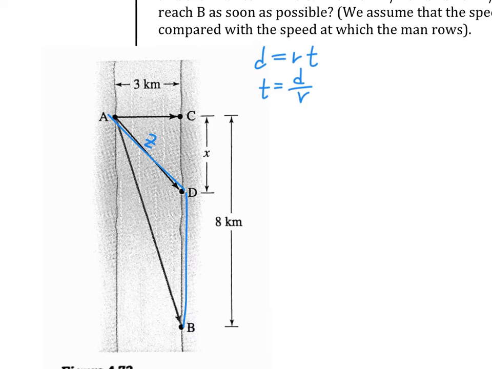It's always going to be z plus the leftover here. What's the leftover? 8 minus x. So it's always going to be z plus 8 minus x. The problem is, what is z?